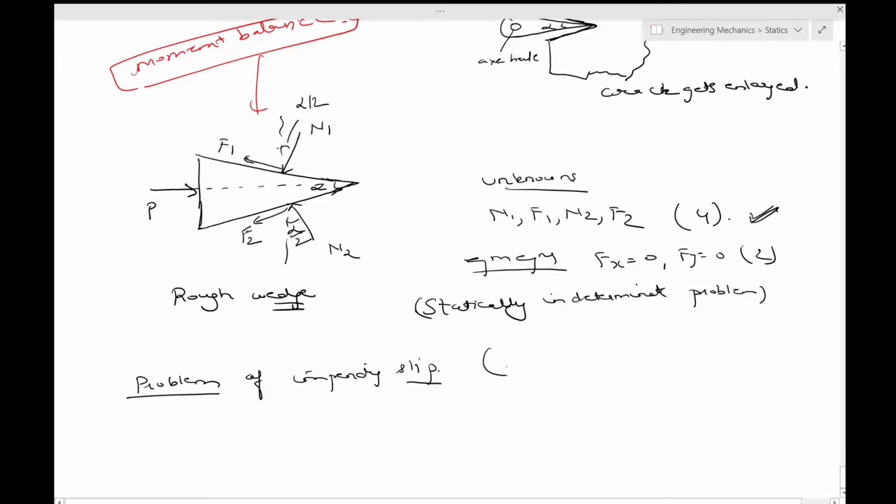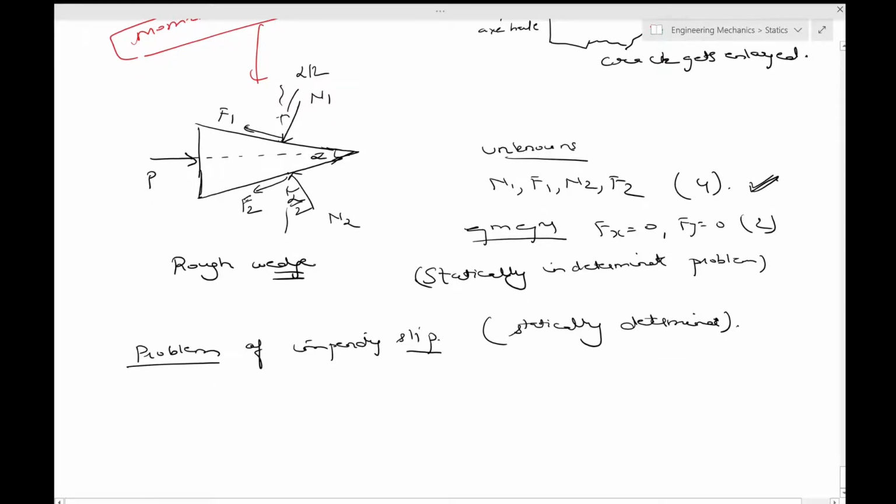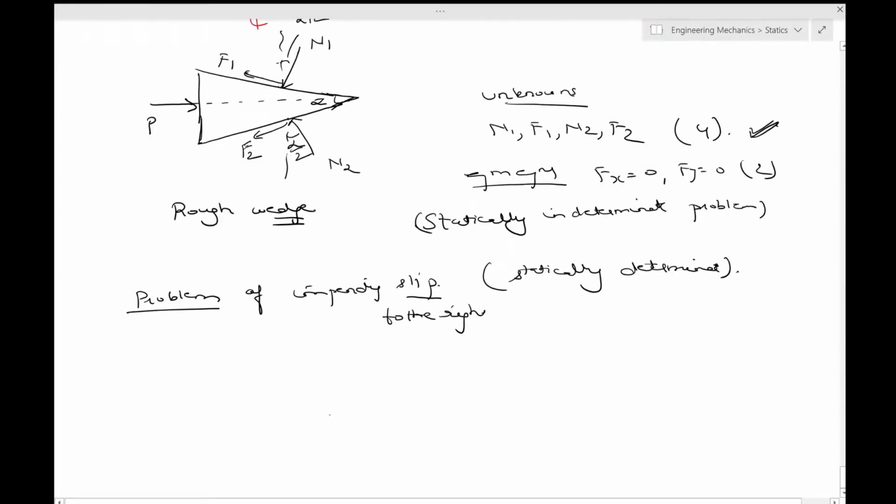Okay, this is statically determinate. So let's see. So problem of impending slip, and we want impending slip to the right. So let me draw that again.